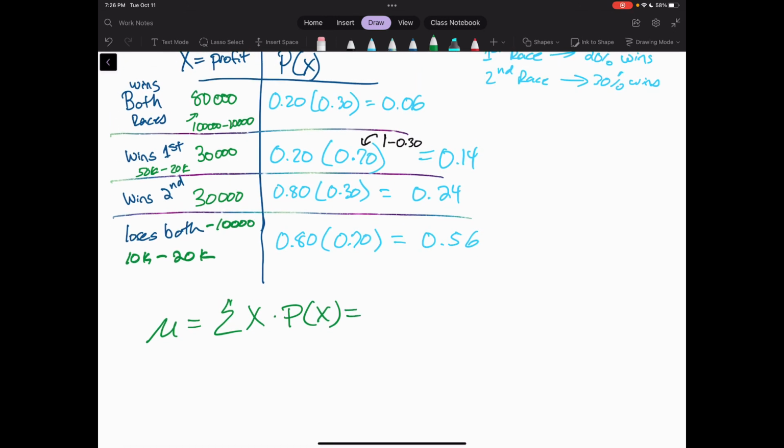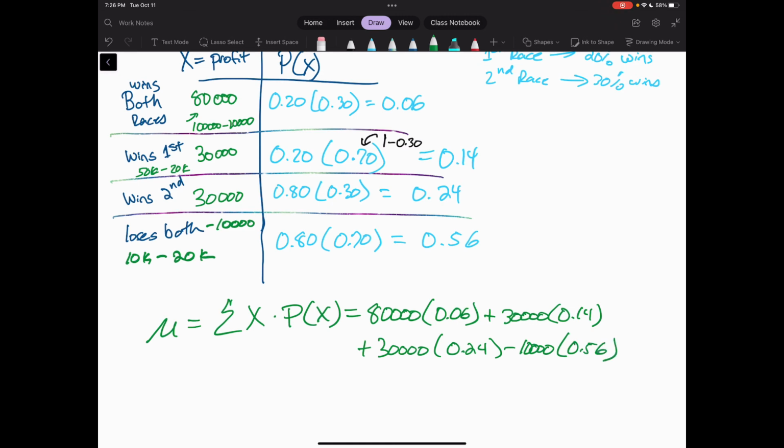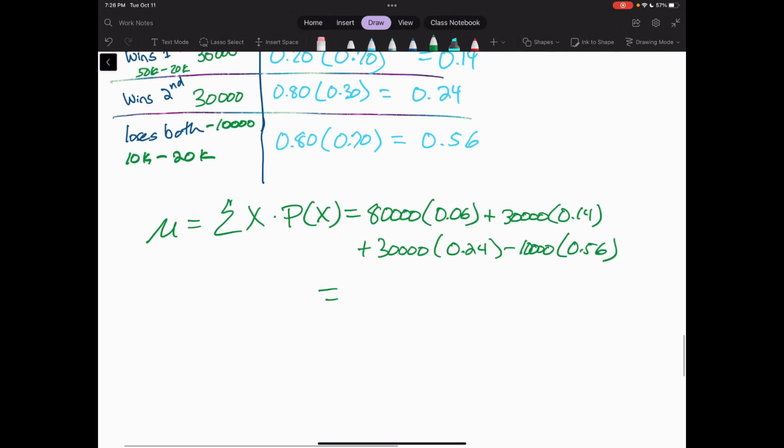We take $80,000, that was the first profit we calculated, and multiply it by 0.06, plus 30,000 times 0.14, plus 30,000 times 0.24, and lastly, minus, because we have a negative profit here, minus $10,000 times 0.56. So let's put that into our calculator.